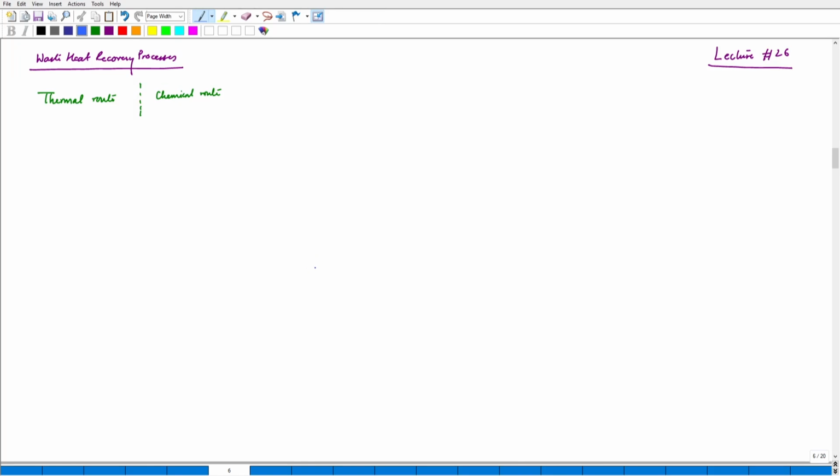Slag granulation increases heat transfer. Of course, we know that slag has been generated, so one has to think of slag granulation. And we had discussed this slag granulation previously.